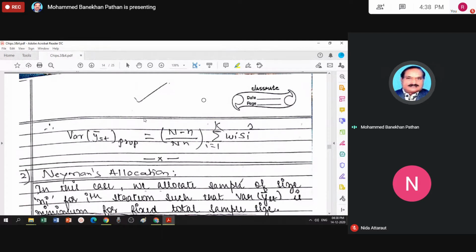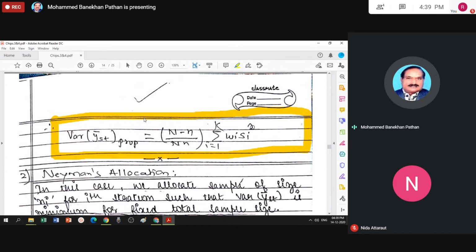After replacing this ni in the variance formula of y bar st, your variance is simplified like this, which is on the screen. So this is your variance of y bar st under proportional allocation. The formula comes as capital N minus small n divided by capital N into small n multiplied by summation i equals 1 to k wi si square.